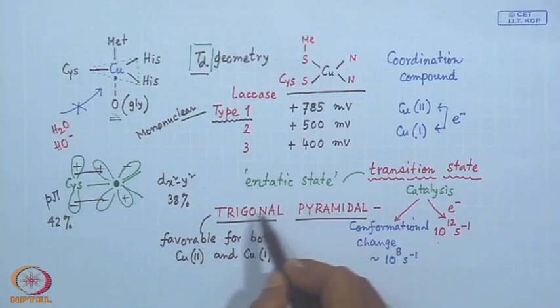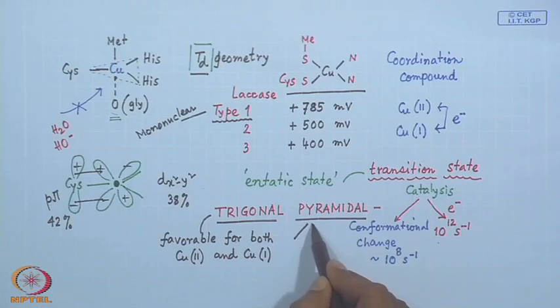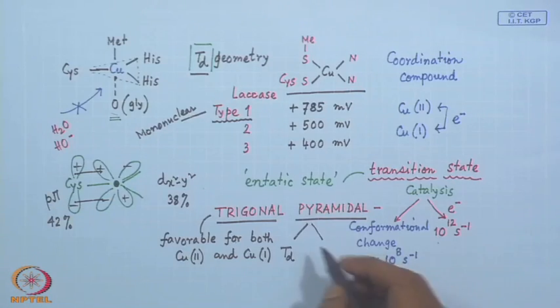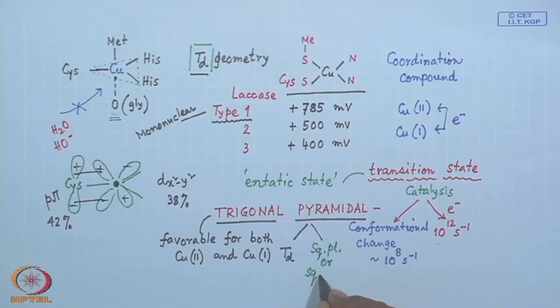When you have an intermediate arrangement, it is very easy to go from this intermediate arrangement to a tetrahedral arrangement with a very small adjustment from the trigonal pyramidal arrangement, or in other cases a square planar or square pyramidal arrangement.